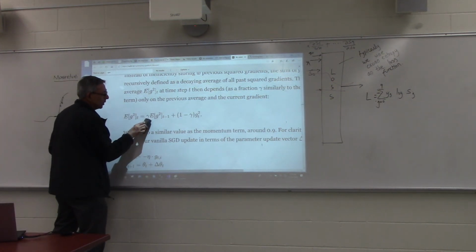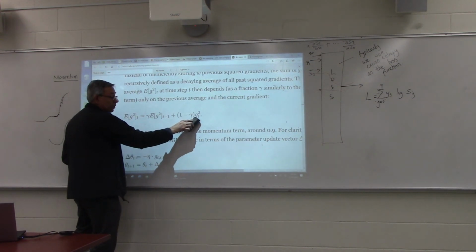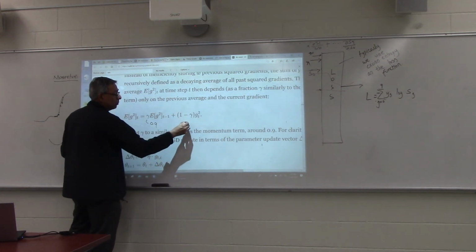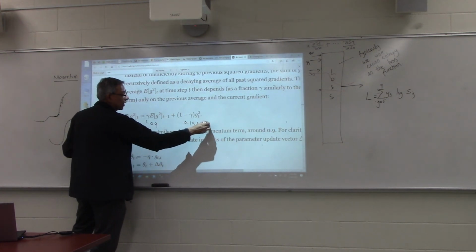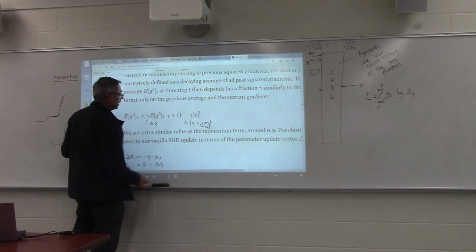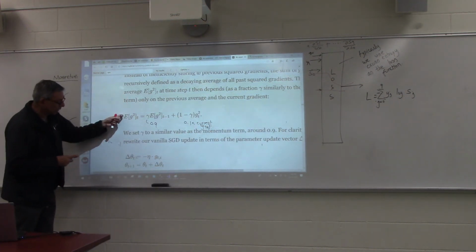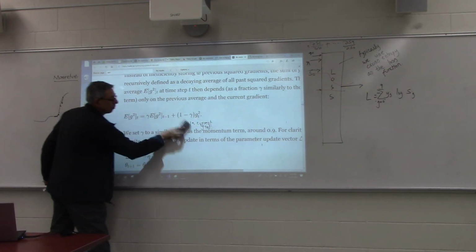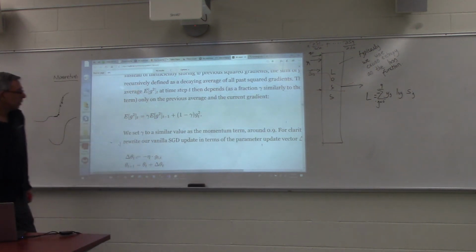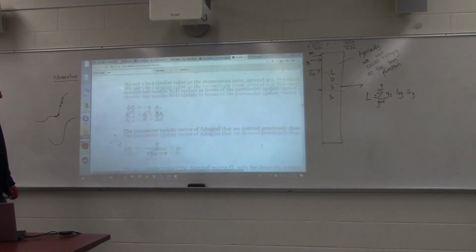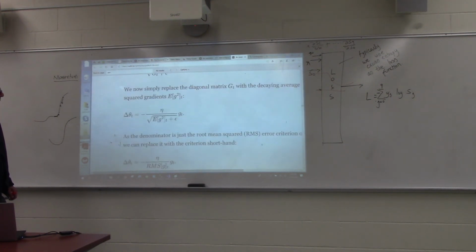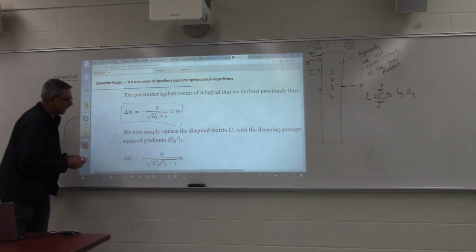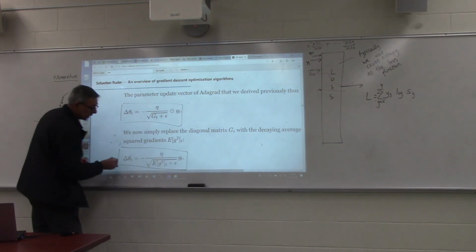And just by using a gamma, 1 minus gamma to the current gradient, so 0.9 for the history, 0.1 times the current gradient over here, if we use this expression in our update, then you can see, okay, so this was the previous algorithm, and the eta delta becomes like this over here.